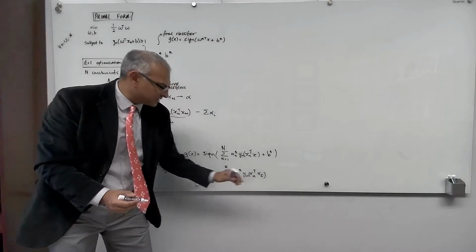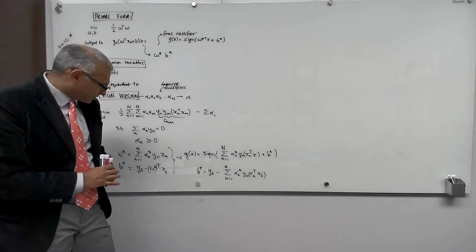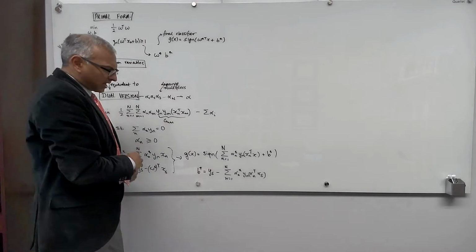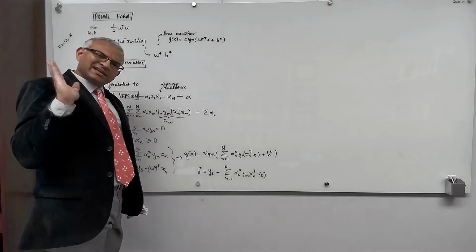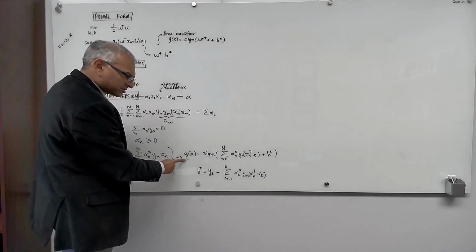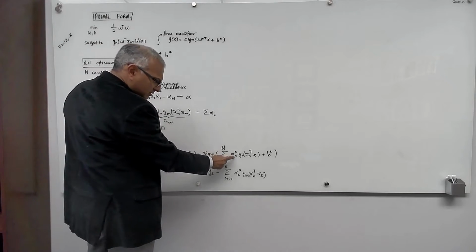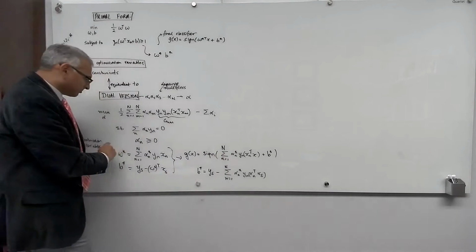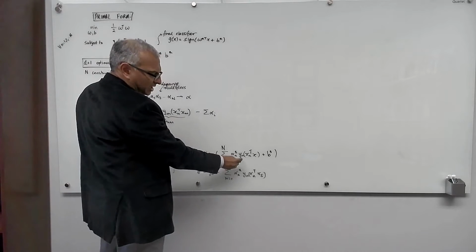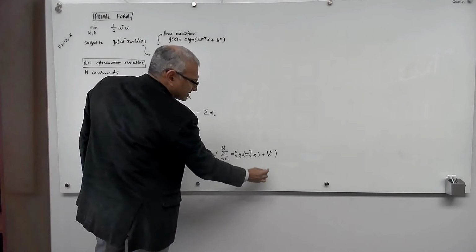So you can compute this B star, and now you see that I've entirely represented the final hypothesis using just my Lagrange multipliers at the optimal, my target values, and my data points.